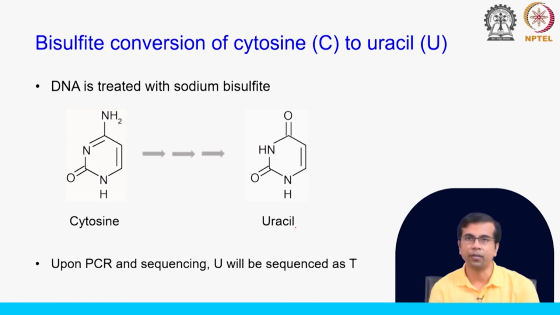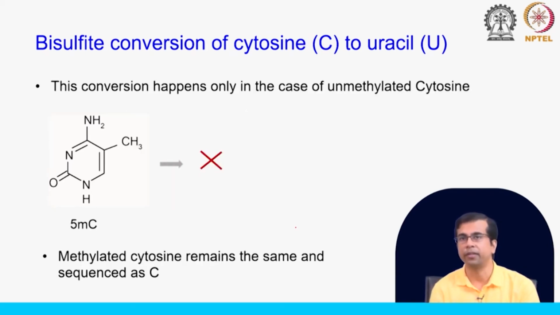Keeping this principle in mind, one of the peculiarities is that this will only happen if the C is unmethylated. So, this conversion happens only if the C is unmethylated. If the C is methylated or hydroxymethylated, this conversion will not happen.